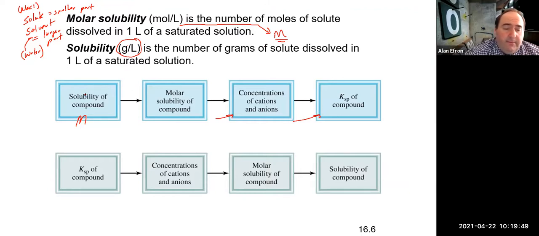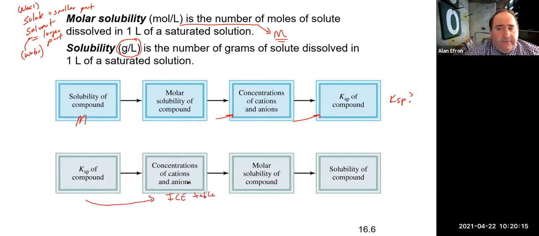So this would be a problem where the goal is to find the Ksp. The second pathway is what we see on the bottom, where they give you a Ksp value and that's pretty much it. They don't give you any other numbers, they just give you the Ksp value. And in this case, you do need to do an ICE table.